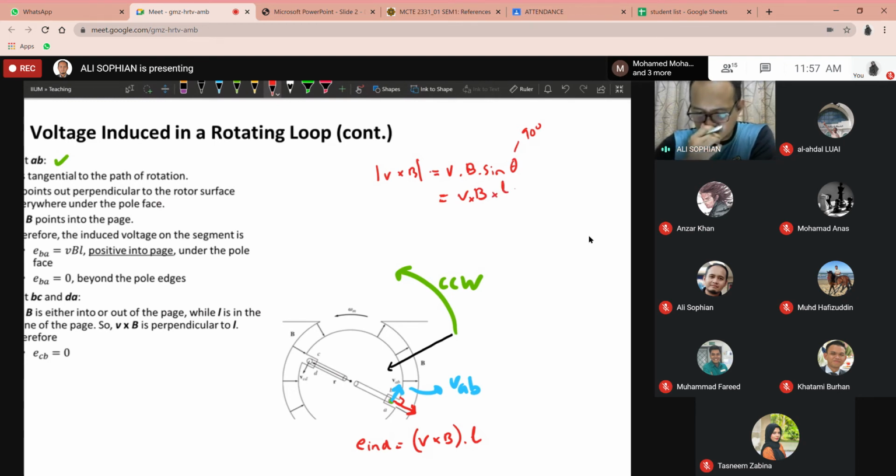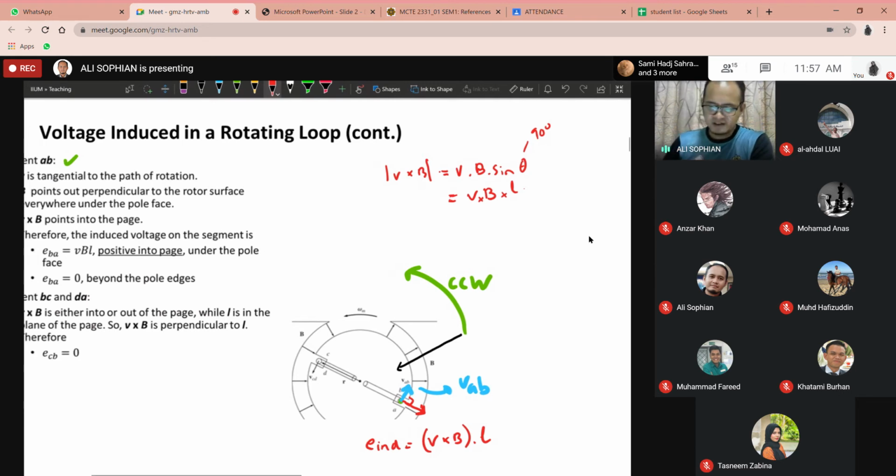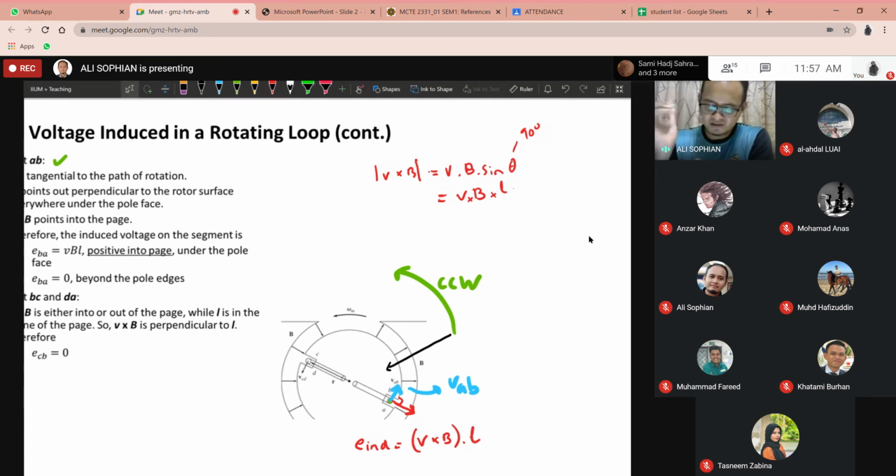So this is the magnitude of V cross B. And for the direction of V cross B, if you use your right hand, V is pointing in that direction, and then B. The direction of V cross B follows the thumb, which is into the page, which means they are going in the same direction as L, and therefore the angle between the two is 0. So V cross B is parallel to L, and therefore the magnitude is simply VBL.